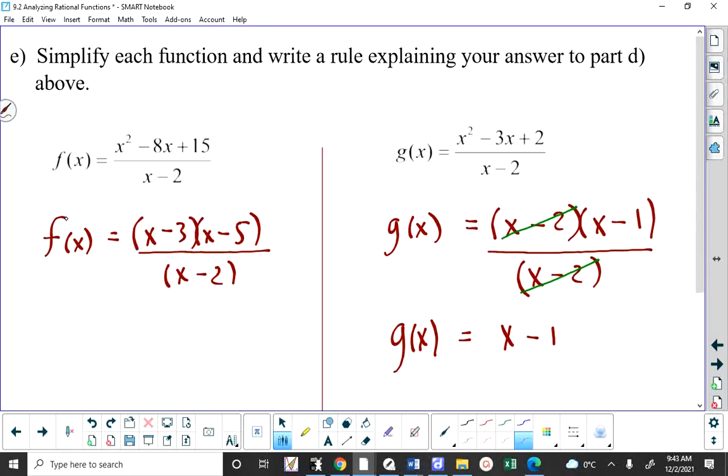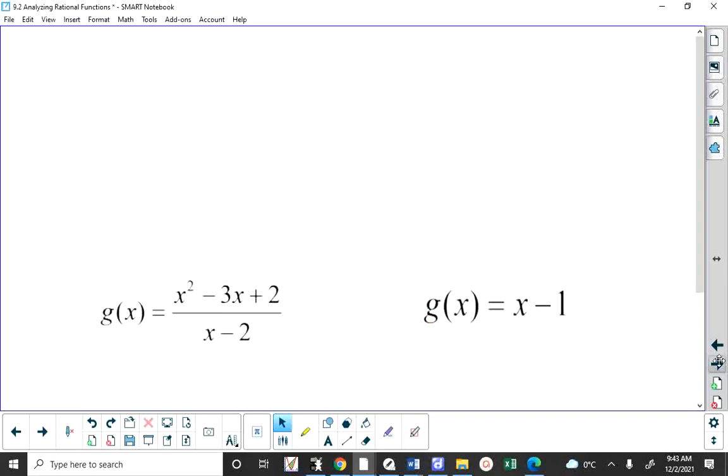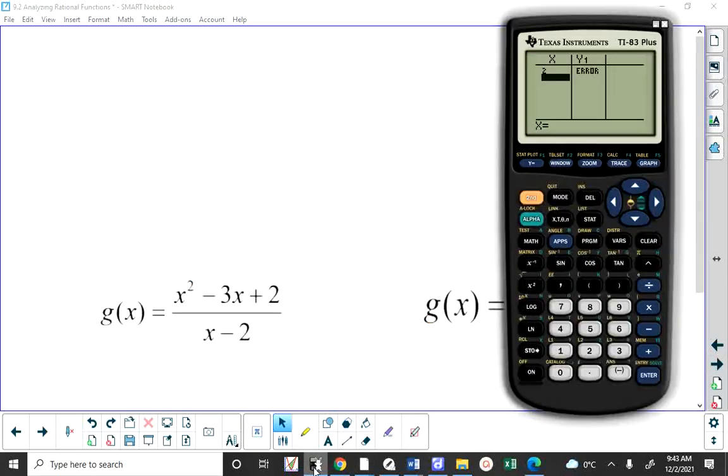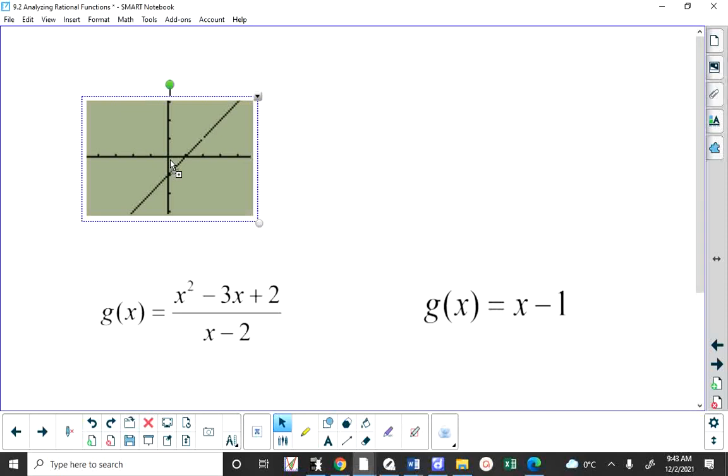But wait a minute. This x minus 1 cannot be g of x because x minus 1 is a line and g of x is a line with a hole in it. Let me demonstrate this to you on your graphing calculator. This is g of x, right?